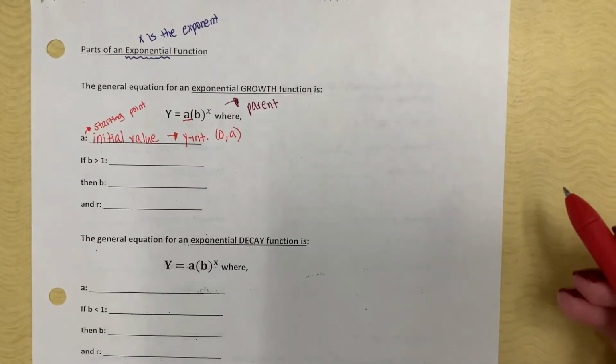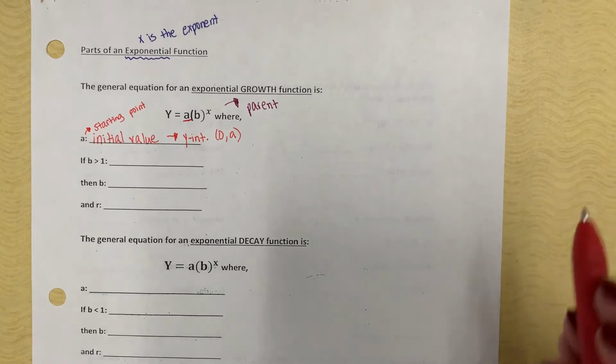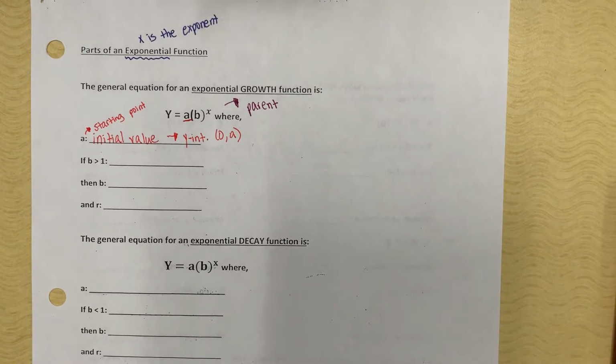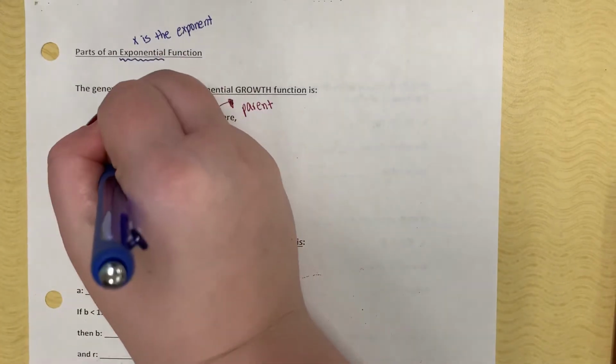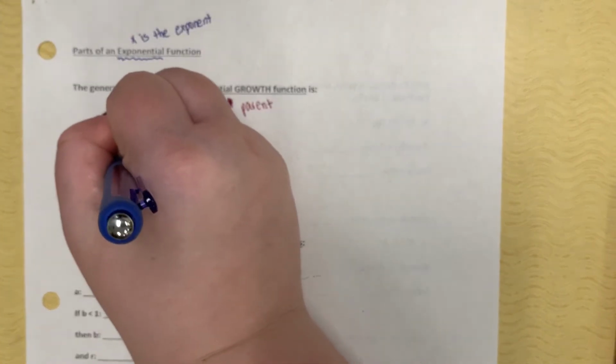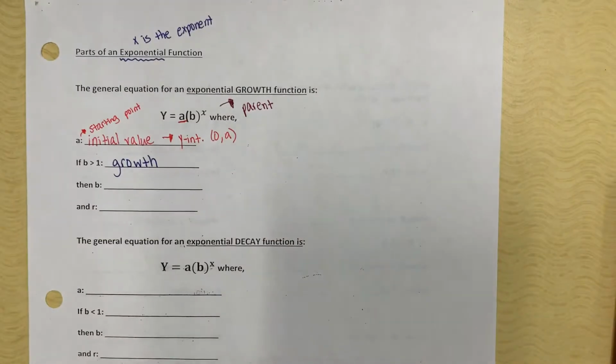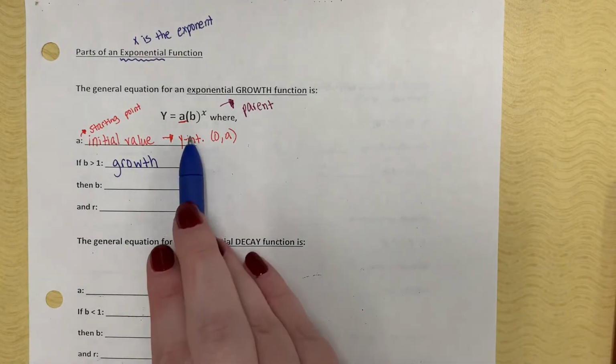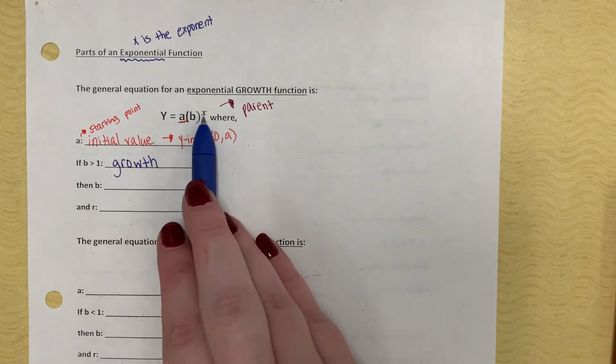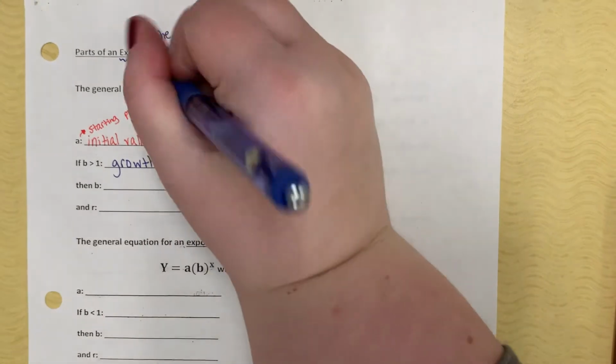All right. Okay, if b is greater than 1, you see our little note right here, if b is greater than 1, we consider that exponential growth. So when they ask you about growth or decay, we're going to look at the b value and determine that. B is the base that has the exponent, because b is our boss.